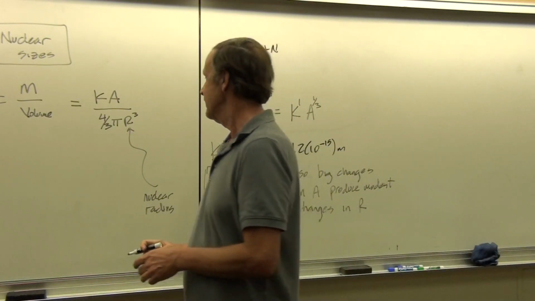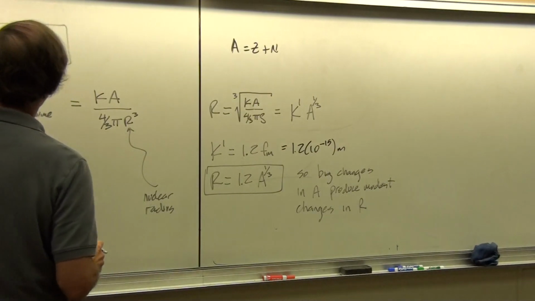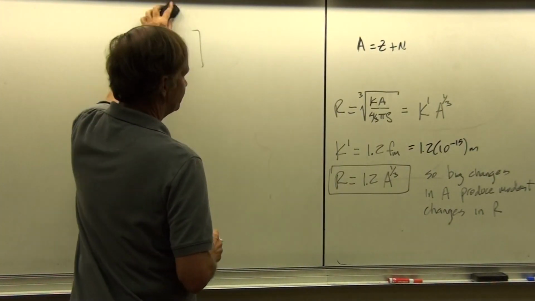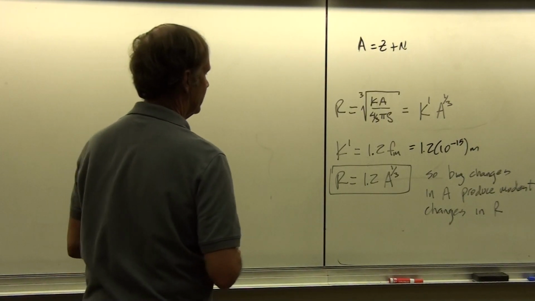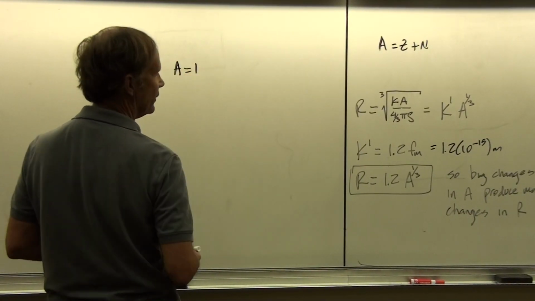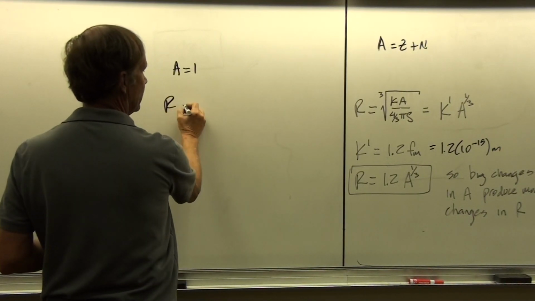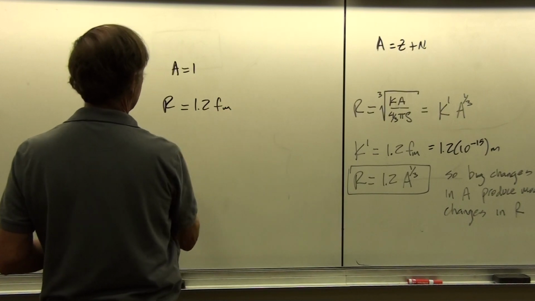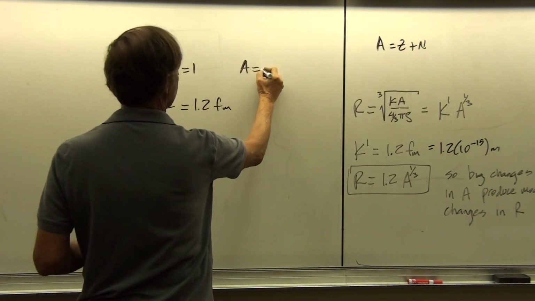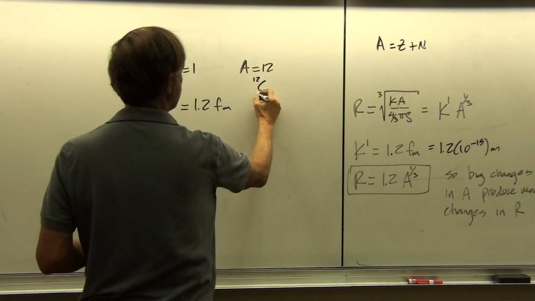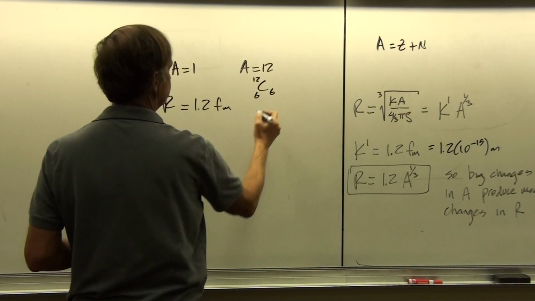And so let's just try this with a couple of values for A. Let's say that A is equal to 1, which would be for hydrogen. Then R would be equal to 1.2 femtometers. What if A was equal to 12 for the carbon nucleus?